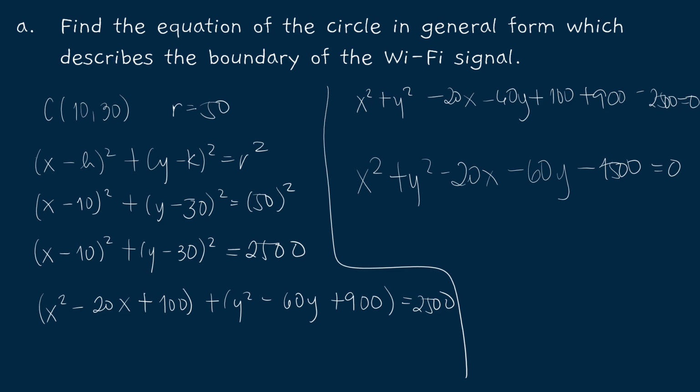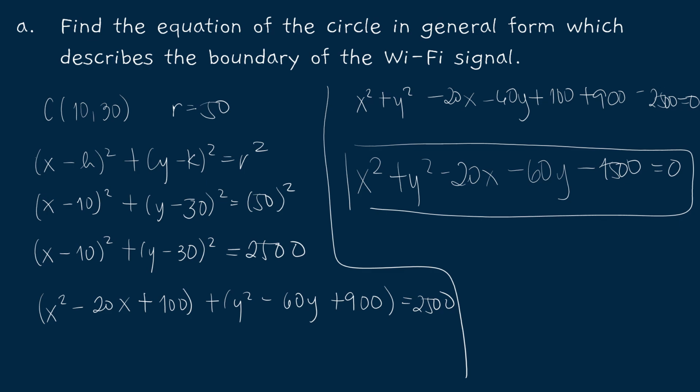And this is already the general equation of the boundary of the Wi-Fi signal from Rowell's house. Now, for letter B, we need to use the given information in letter A, such as the value of the radius, which is 50 units.